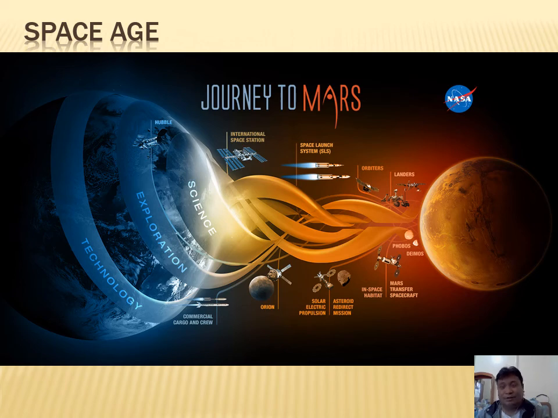But the problem in Mars is the atmospheric conditions. It's very violent. The storms in Mars are much stronger than those of the Earth.